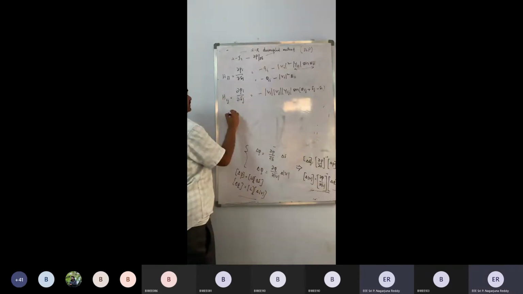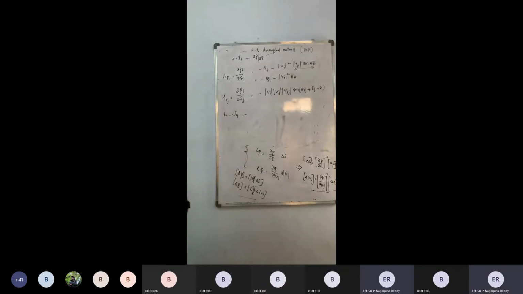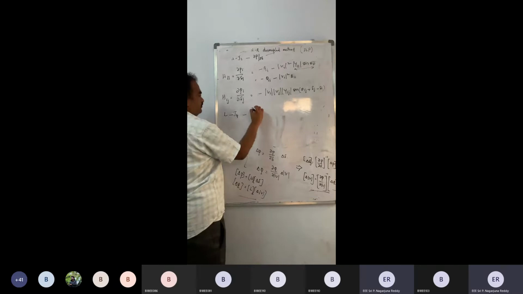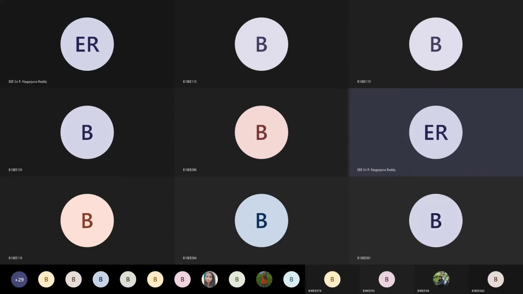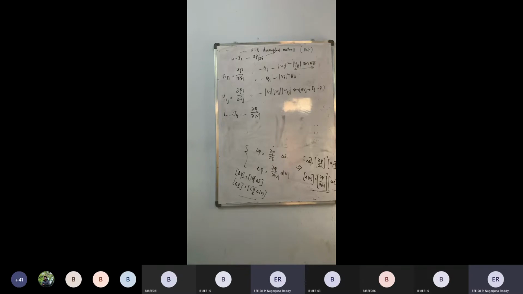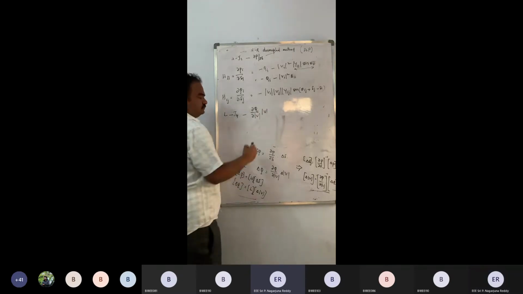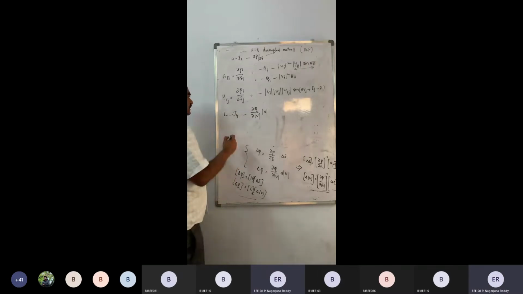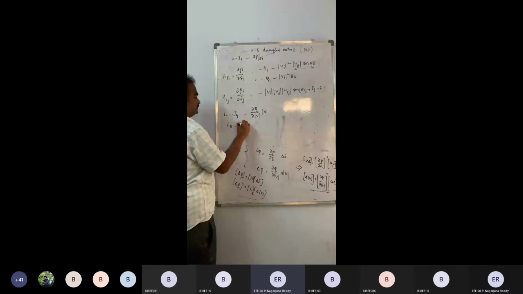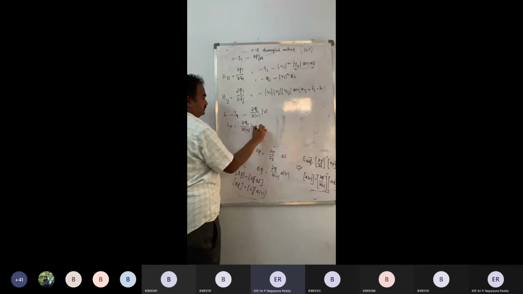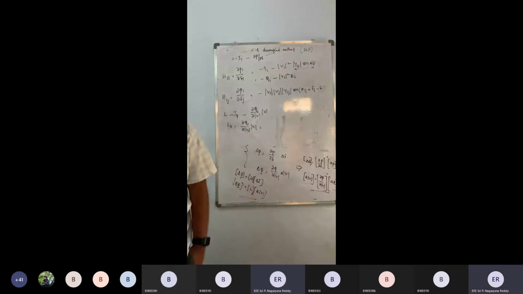Now the next one is the J4 matrix, which is nothing but your L matrix, which takes the form of dou Q by dou modulo V. Isn't it? So can somebody please give LII? Anybody remember?